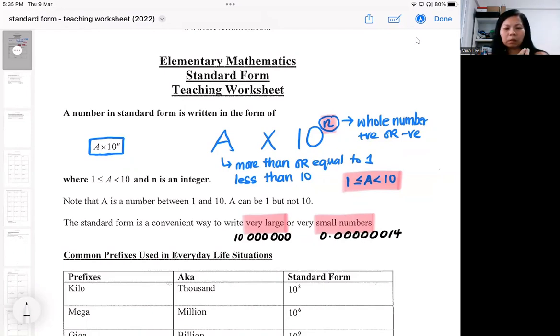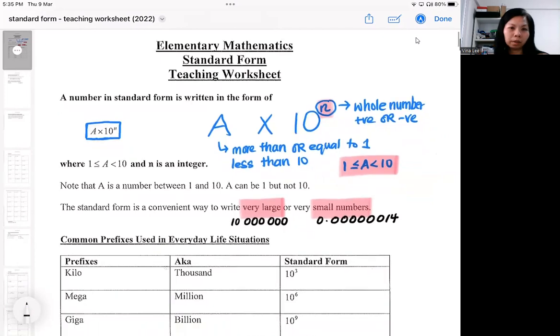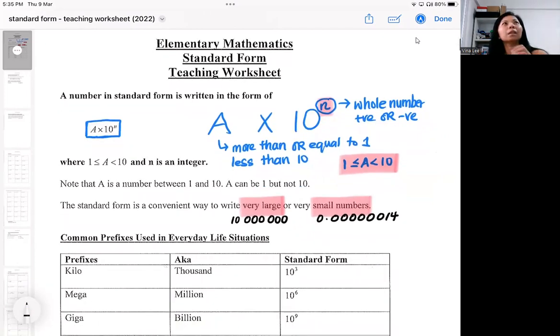One of the applications of this topic is on cells. Sometimes you will see real world context where they talk about atoms and cells, which are actually very, very small. So sometimes they describe the radius as a very, very small number because the cell is actually very small. That's one of the application questions that you will see.